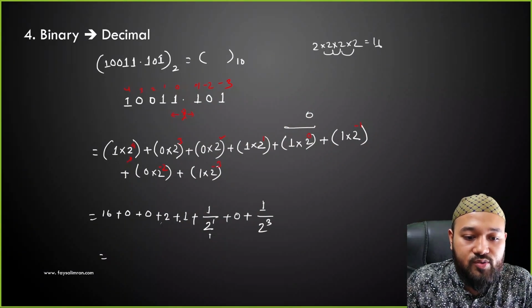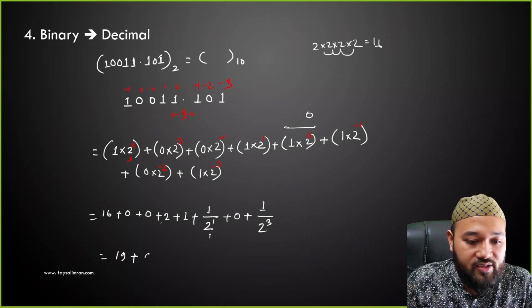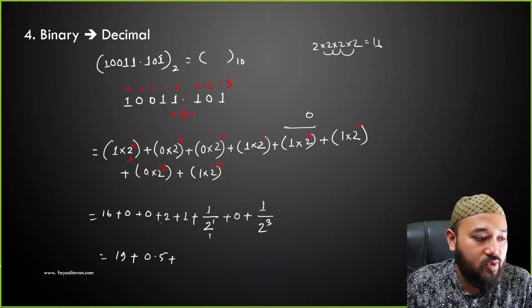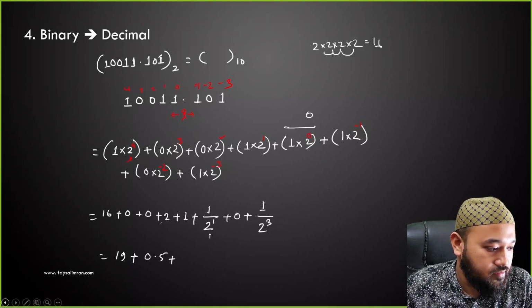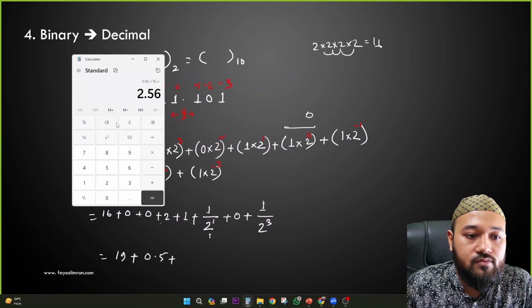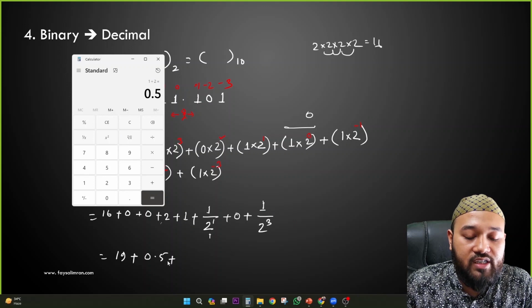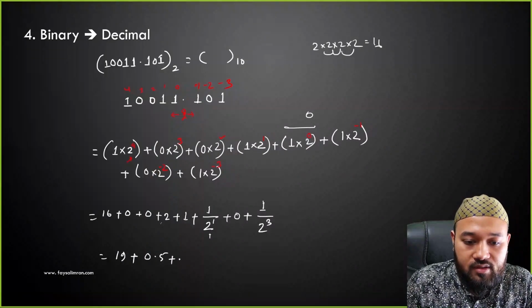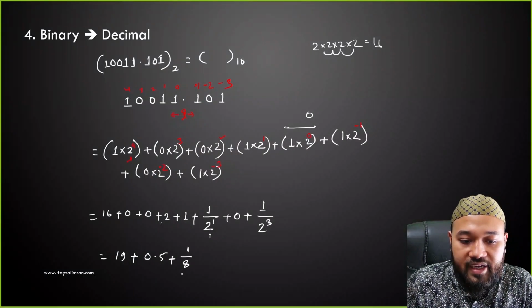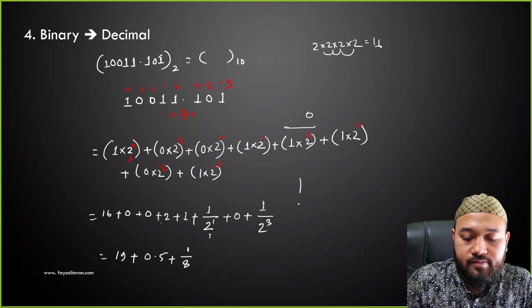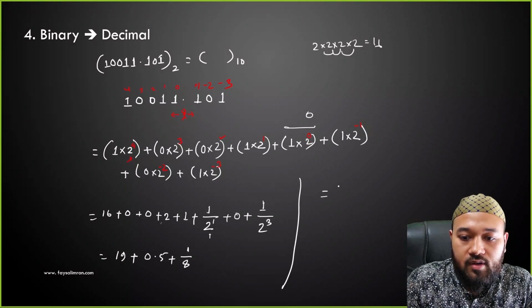So 16 plus 2, 18 plus 1, 19, plus 1 by 2, which is actually 0.5. We can calculate it on the calculator. 1 by 2 is 0.5. We write it here, plus 1 by 2 cube means 1 by 8, so 19 plus 0.5 plus 1 by 8.